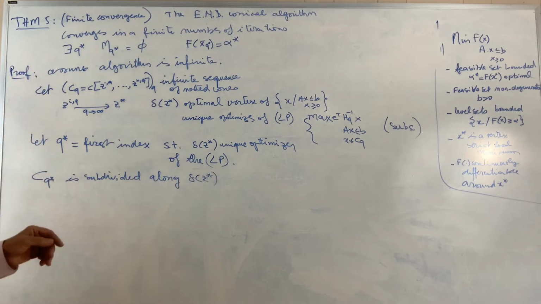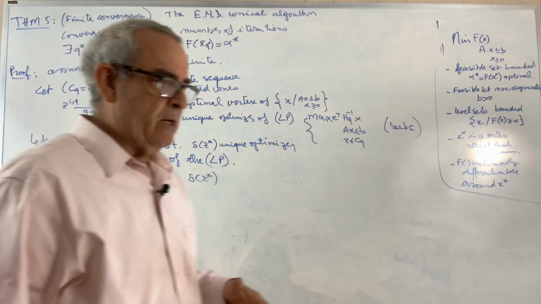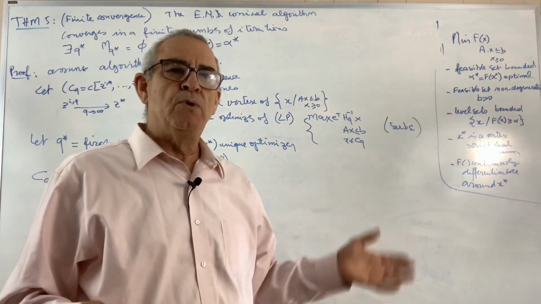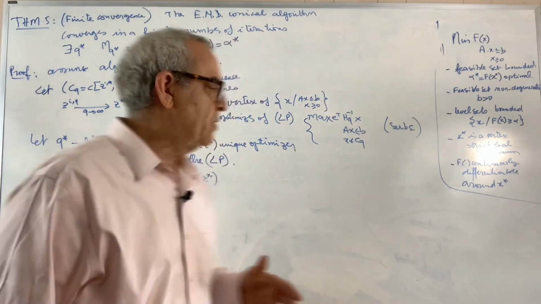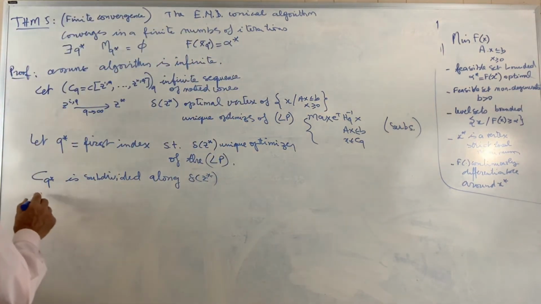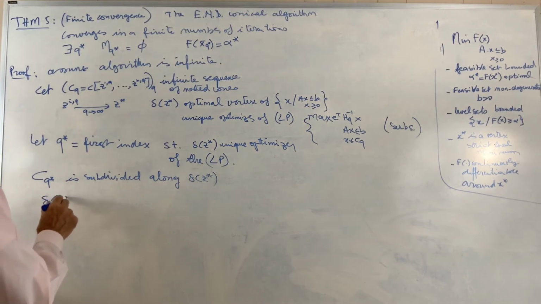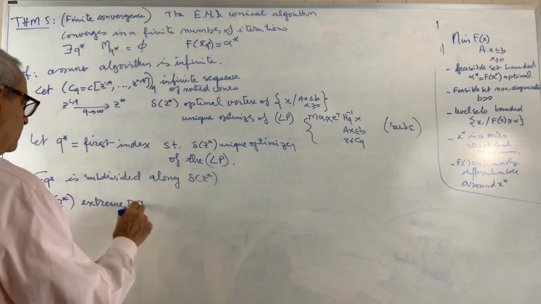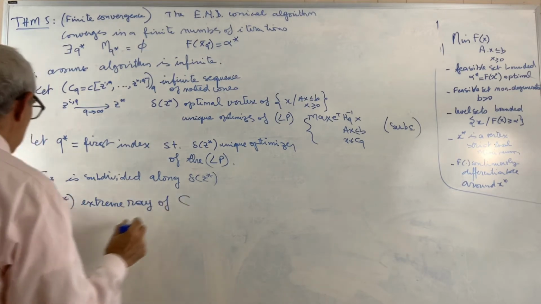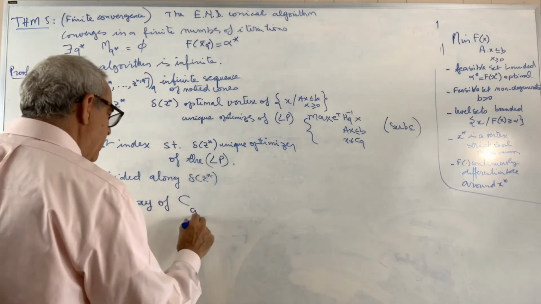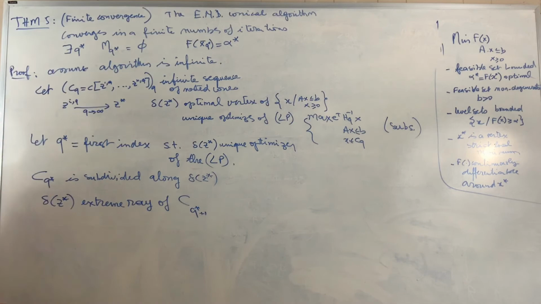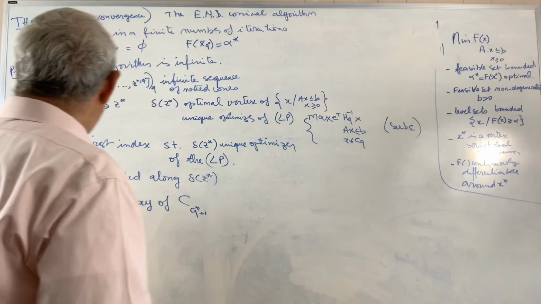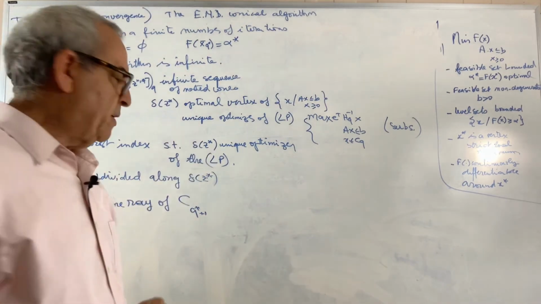Remember, when the optimizer is a vertex, we split the cone along that vertex. If it's not, we use the exhaustive non-degenerate process to subdivide the cone. And therefore, delta of Z star is an extreme ray of the next cone obtained from this, that is Q star plus 1. It becomes an extreme ray of the cone.